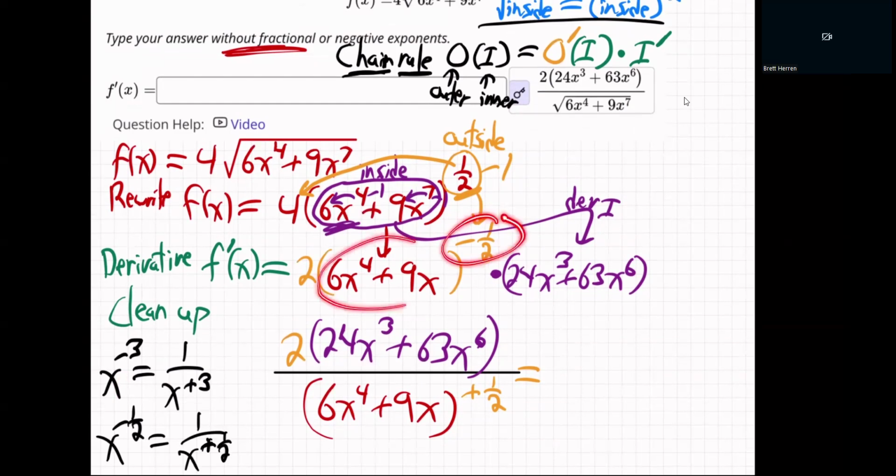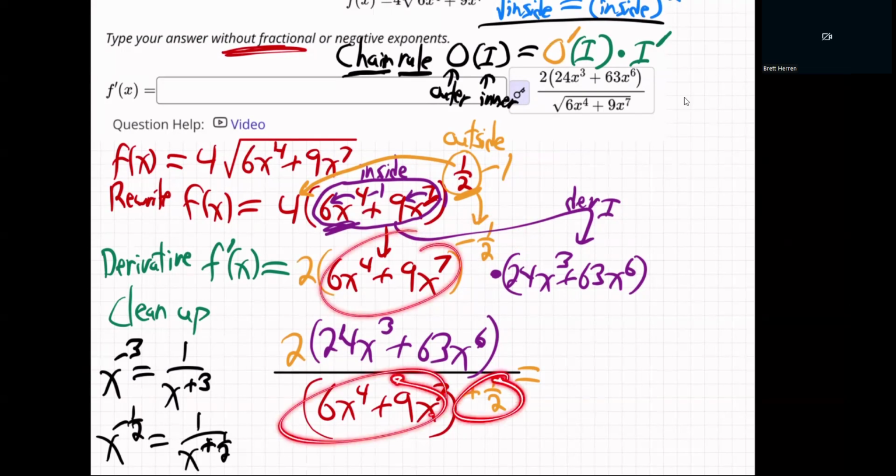This negative half power on this whole 6x to the fourth plus 9x, oh, did I lose the 7? I did. Forgot that 7 power right there. There we go. Anyway, sorry about that. So that whole thing is going to jump down to the bottom and become a positive half power, but we still can't leave that. No fractional powers, I mean.